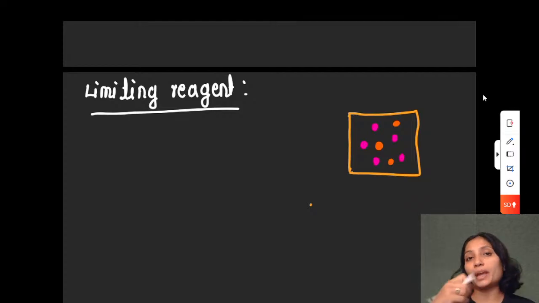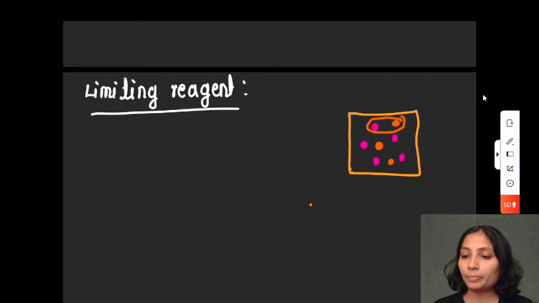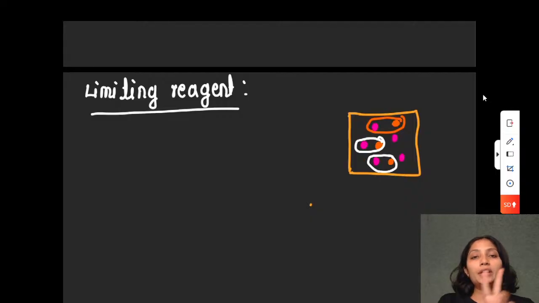So how many pairs can I take? Since I have only 3 orange balls, 1 pair, second and third. I can make only 3 pairs. Can I pick more? No, because the condition is I have to take 1 pink and 1 orange.